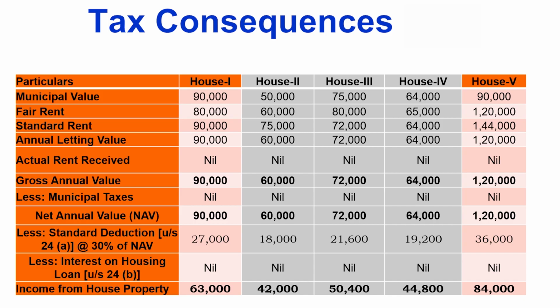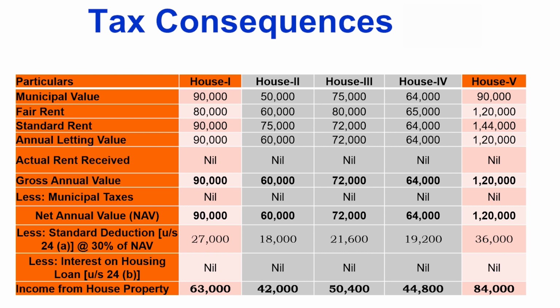Now, gross annual value becomes for house 1 90,000, house 2 60,000, house 3 72,000, house 4 64,000, house 5 1 lakh 20,000. Municipal taxes paid here are all nil, so net annual value becomes the same for each house.